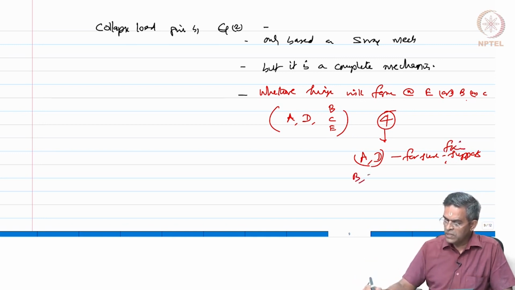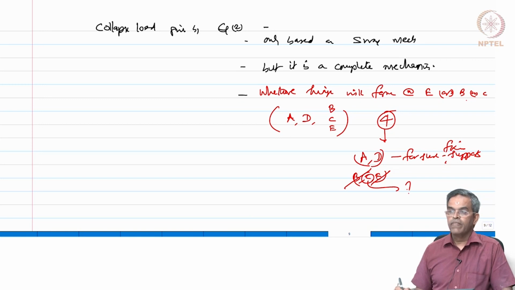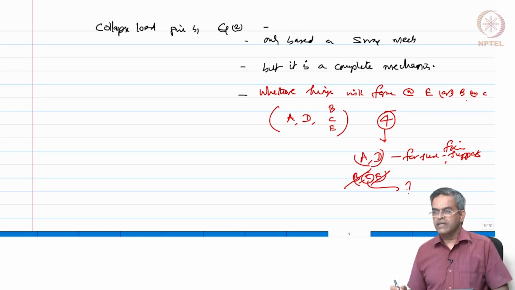But out of B, C and E, we have assumed that B and E, but we left out C because there is a question. So, this also may not be the correct answer.